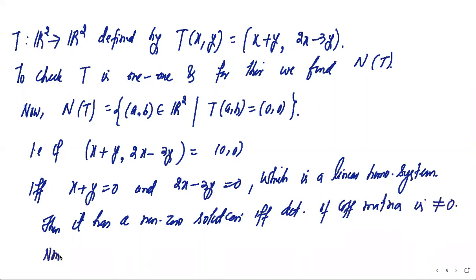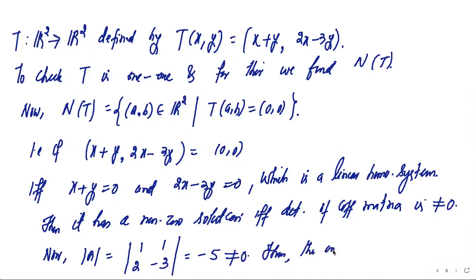So now the determinant of the coefficient matrix 1, 1, 2, minus 3, what is the determinant? That is minus 5. It's not equal to 0. So thus the only solution is, तो कौन सा solution इसका xy is equal to 0, 0. (0, 0) is the only solution of this linear homogeneous system. So this means that thus n of T is equal to 0. Thus T is 1-1.